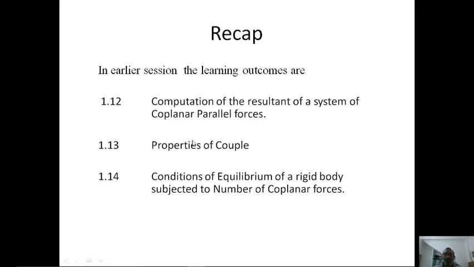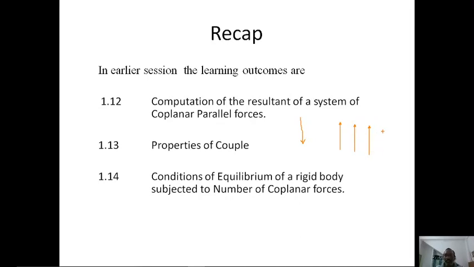In the computation of the resultant of a system of coplanar forces, we learned that coplanar forces can be parallel to each other. If they are parallel to each other and their sense is in the same direction, then we said it is a coplanar like parallel force system.